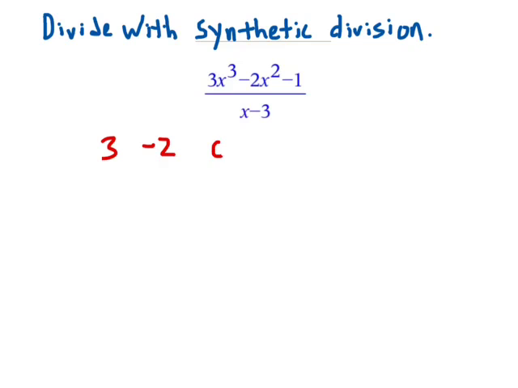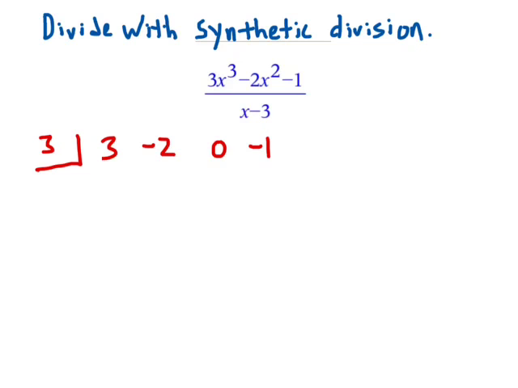So we need to put a 0 and a negative 1. And then our number that we're going to put here in the box is going to be the number that makes this 0. And so the number that makes this 0 is positive 3. Okay, so we're going to put in positive 3 here.